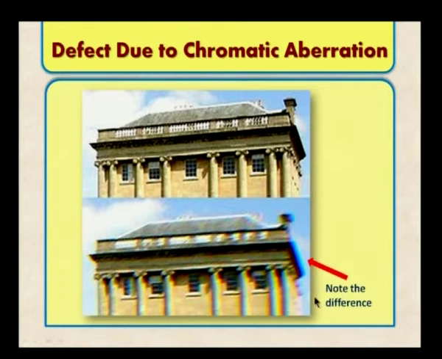I am asking you to note the difference between this figure and this picture. When white light is incident or made to pass through the lens, this leads to chromatic aberration, by which what I mean is the light rays which are incident on the peripheral region, that is the edges, and the light rays which are passing through this region, the inner region that is closer to the optic axis, they will lead to the focal points of violet rays and red rays.